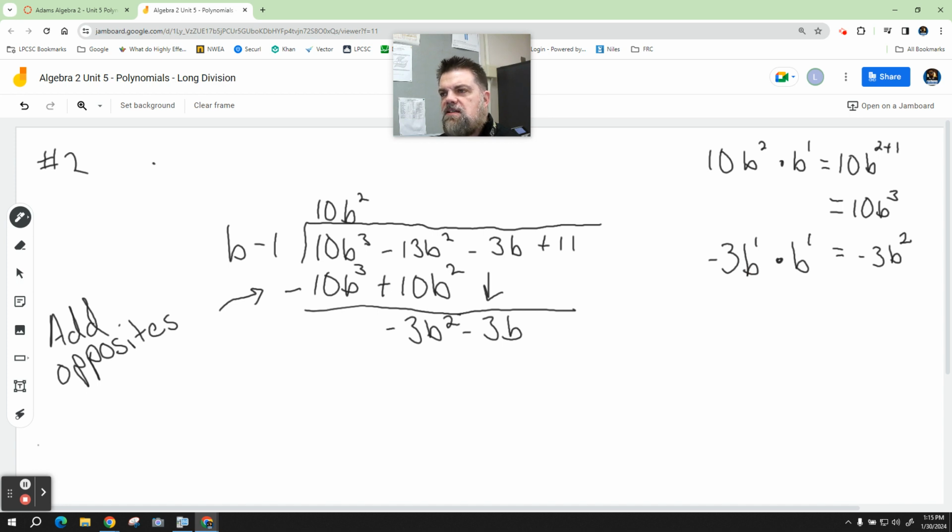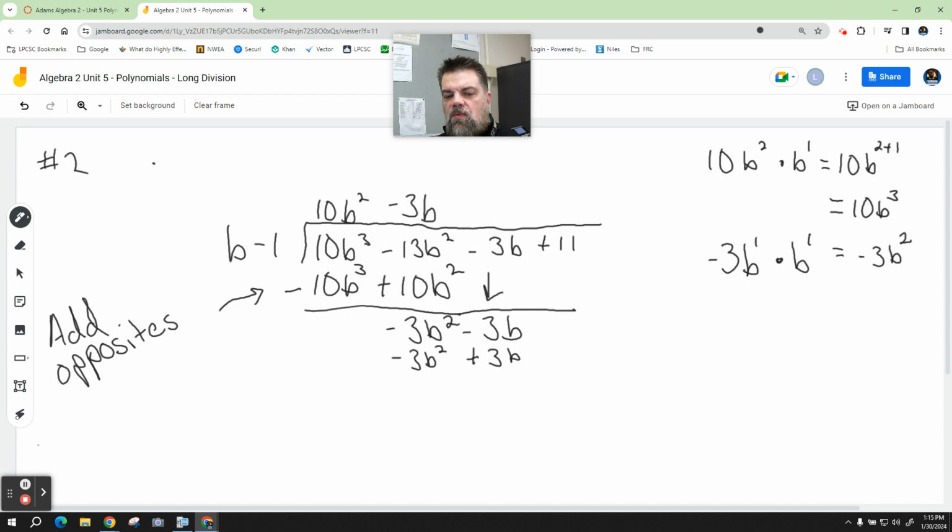Does that make sense when you see it that way? Alright, so then I'm going to put negative 3b here. When I multiply that out, it does equal negative 3b squared. And then remember that when you multiply by a negative 1, that just changes the sign of this. So this becomes positive 3b.